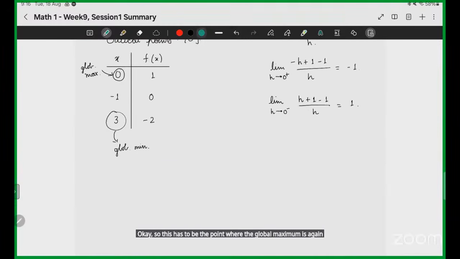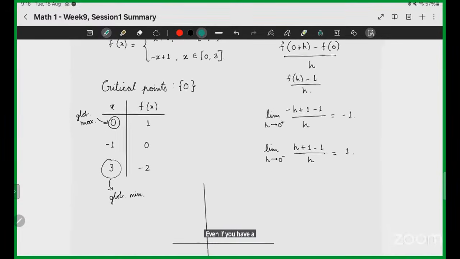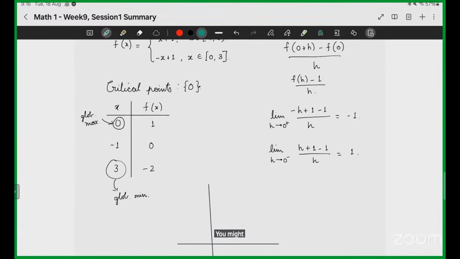Now let's draw the graph. Things will be clearer. But you can't always rely on drawing graphs because the functions are usually not so simple. Even if you have a trigonometric function, you might not be able to draw the graph so easily.